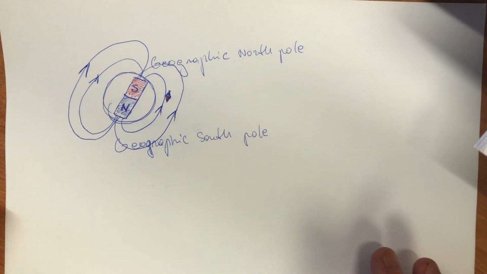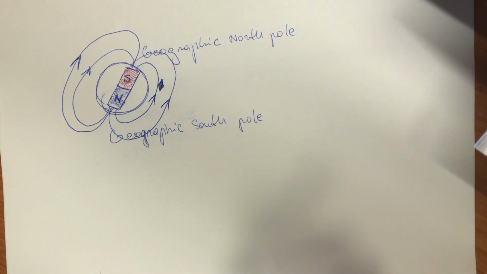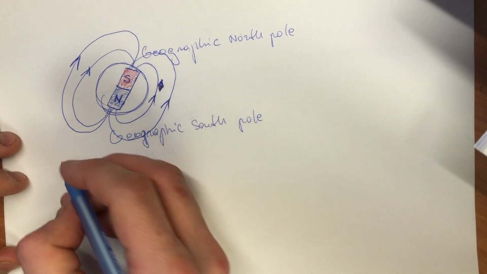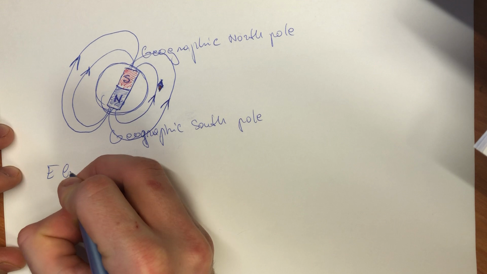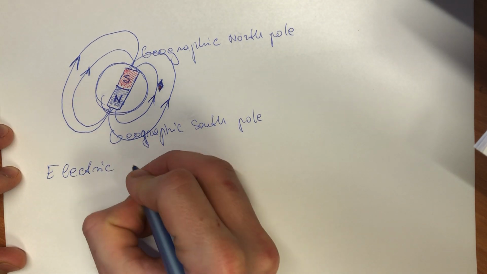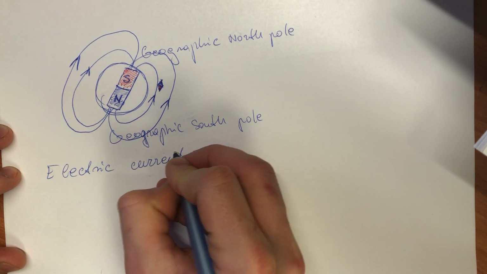Now we said that electric current creates a magnetic field.